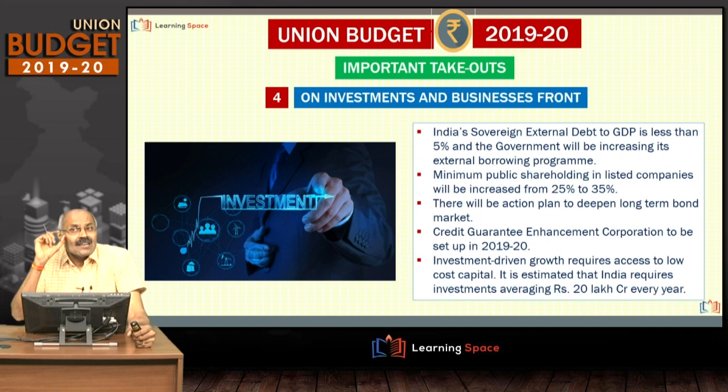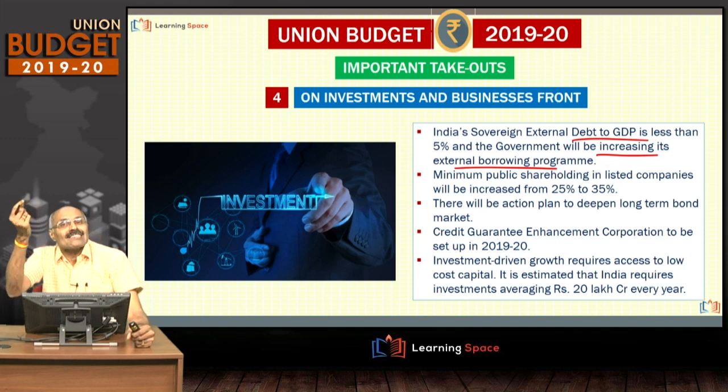Then the next one is on investments and business front. India's sovereign external debt to GDP, that means government borrowings externally in comparison to GDP, is lesser than just 5%. Under these circumstances, government took a decision that government borrowing externally will increase.